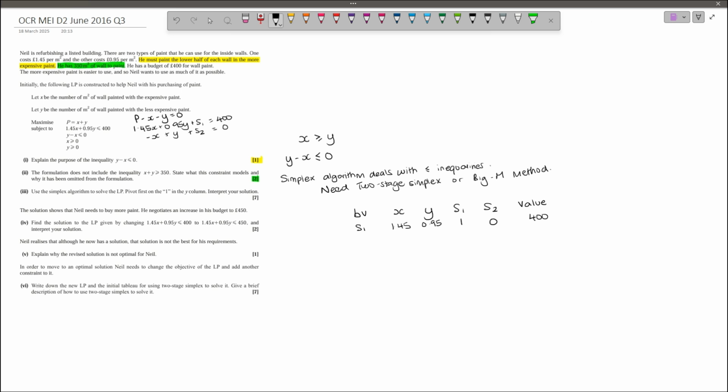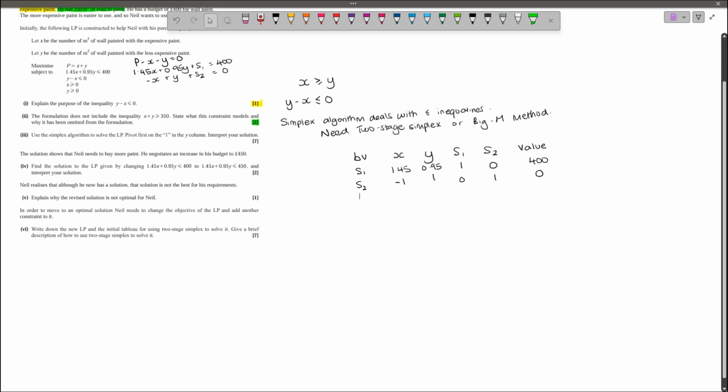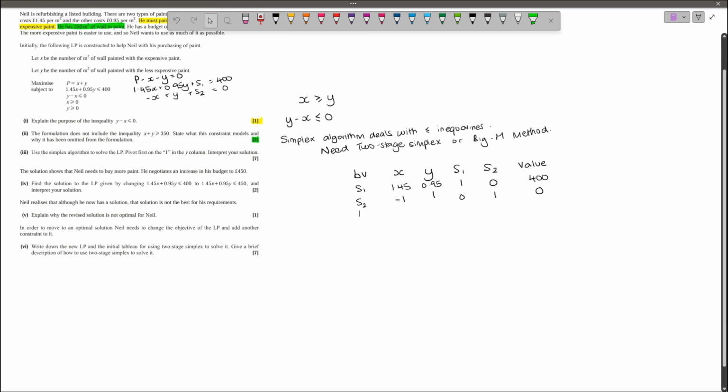My second equation is negative x plus y plus S2 equals 0, with basic variable S2. Finally, I'm getting my objective row, P subtract x subtract y is equal to 0.